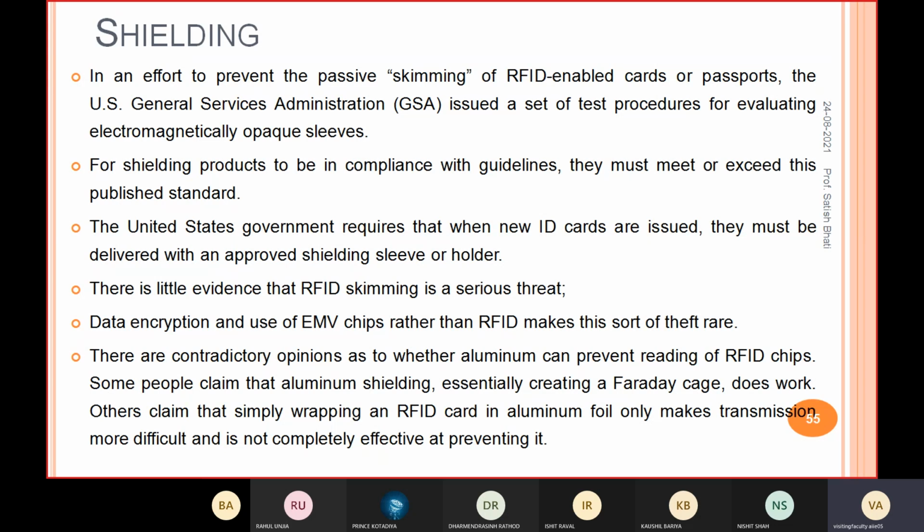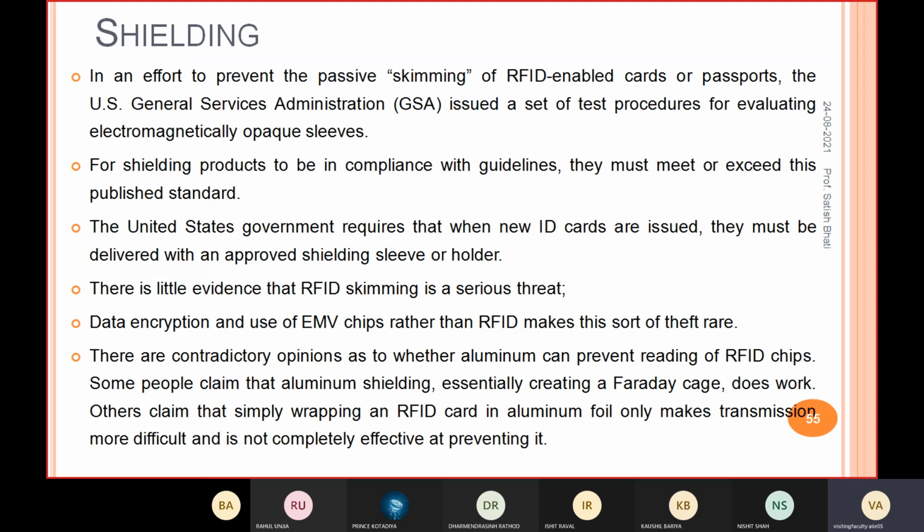There is a mixed opinion. Some say that using aluminum foil or aluminum material, you can prevent or stop the RFID signal transmission. Some people claim that aluminum shielding, essentially creating a Faraday cage, does work, right?